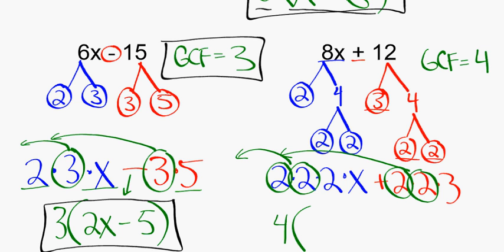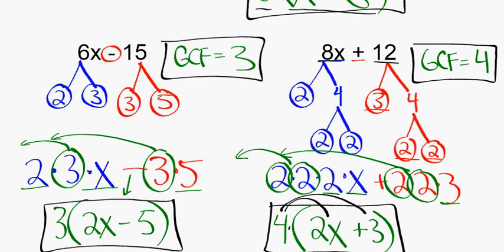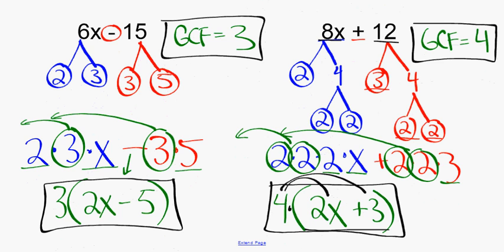What's remaining? A 2 times x. And in the second term, a single 3. So if I were to distribute 4 back into this problem, 4 times 2x would give me 8x, and 4 times 3 would give me 12. So the GCF is 4, and my product is 4 times 2x plus 3.